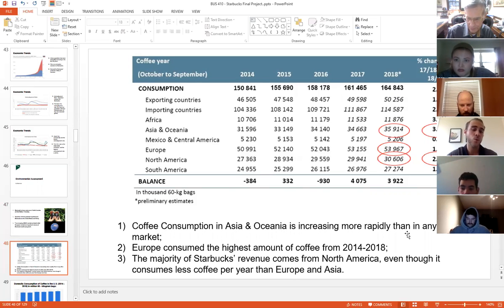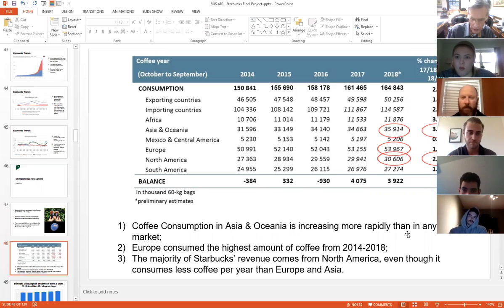The second one is that Europe consumed the highest amount of coffee from 2014 to 2018, and that the majority of Starbucks revenue comes from North America, even though it consumes less coffee per year than both Europe and Asia.